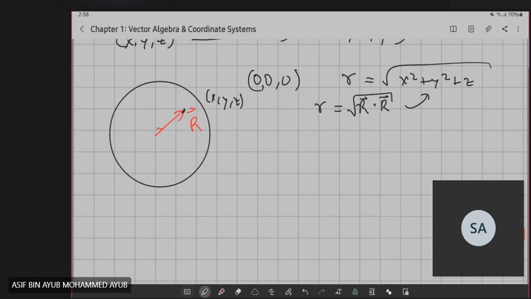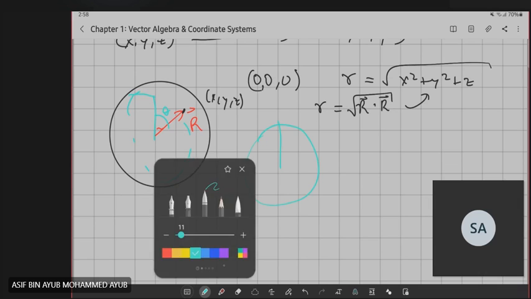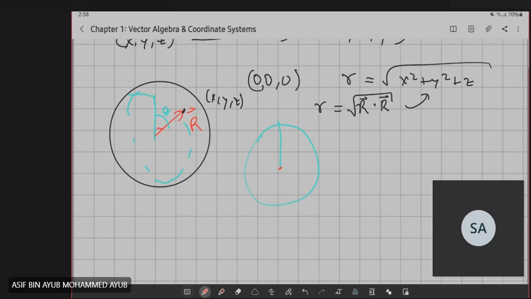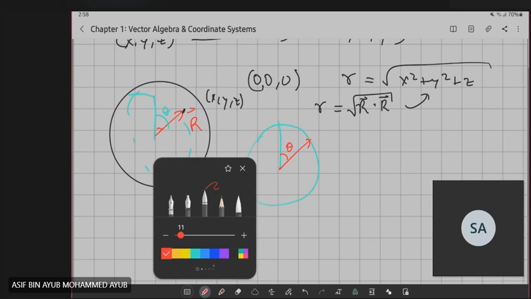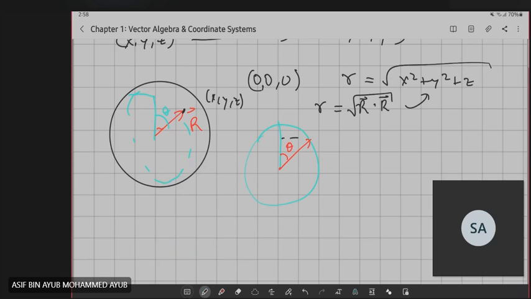Okay, so how do you find theta? If I take a cross section of this sphere, and you have theta here, all you can tell is that this is theta equals 0. You have r here, and this is theta. Now, the z-axis is pointing out like this.